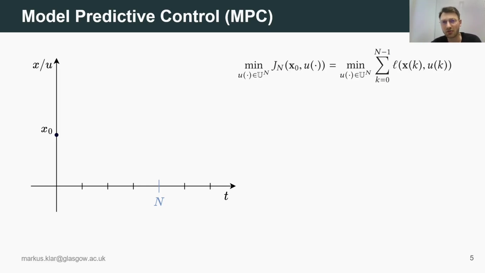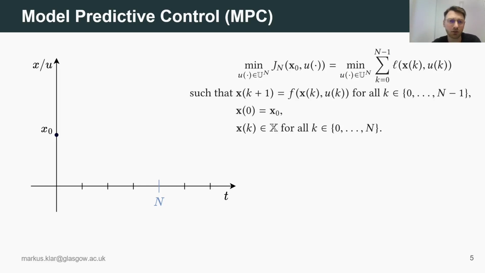MPC works as follows. Instead of optimizing the cost function J for an infinite time horizon, we only optimize it for the next n time steps by minimizing this sum of stage costs L. We also do that subject to the constraints posed by the human motor system dynamics, and we start at some initial state x0.